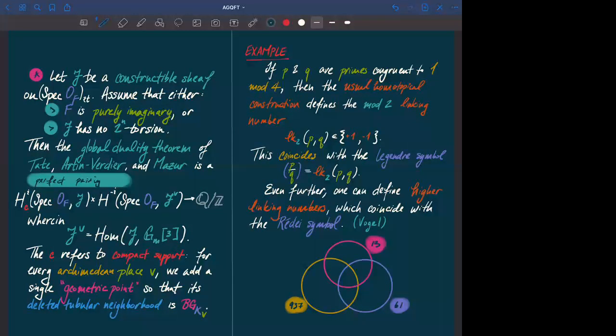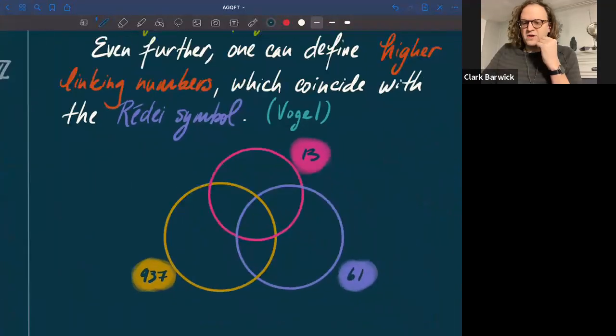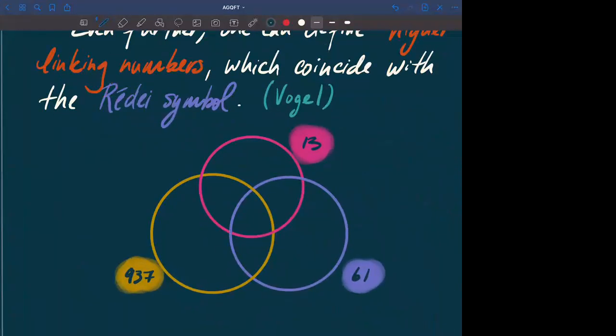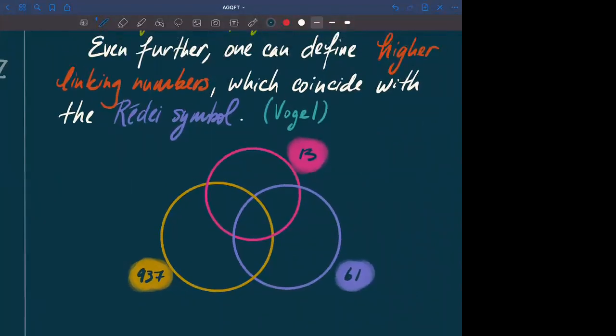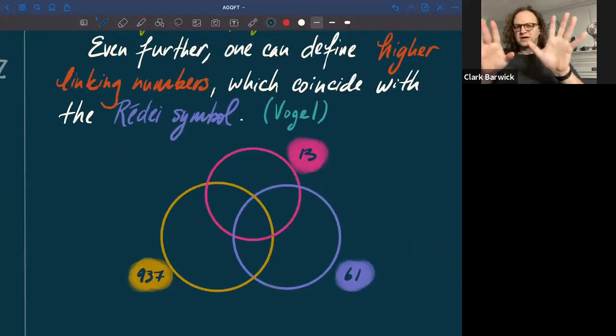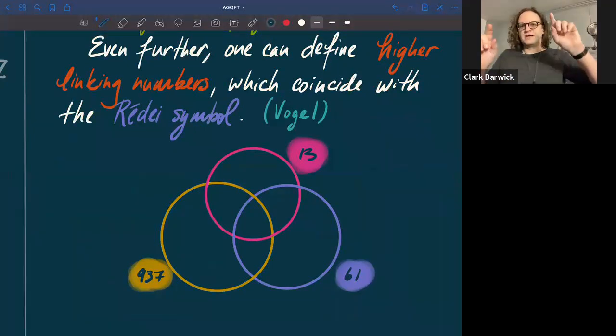So can these triples be computed by congruences, quadratic congruences, or what? Are you asking how do you compute the Rédei symbol? Yes. So the rough idea is the following. I'm not going to get this exactly right, for which I apologize. You take two of these primes.